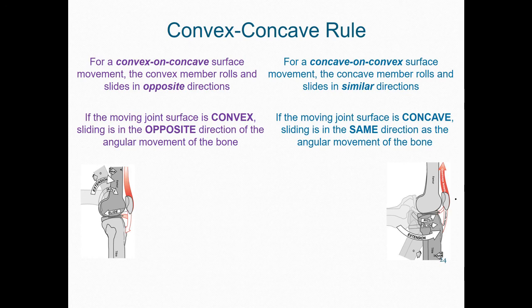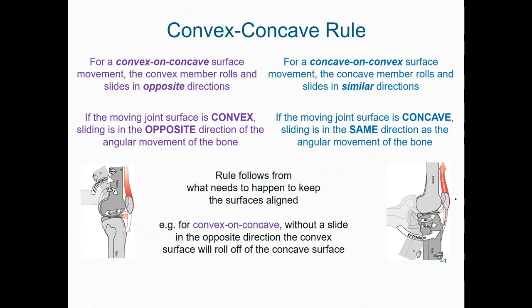Contrastingly, for concave on convex surface movement, the concave member rolls and slides in similar directions. In other words, if the moving joint surface is concave, sliding is in the same direction as the angular movement of the bone.